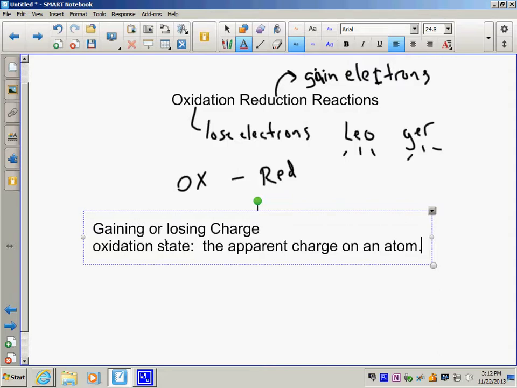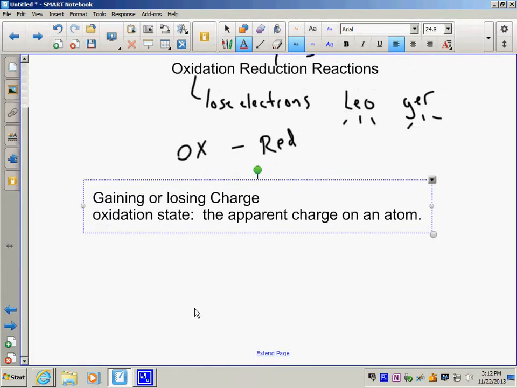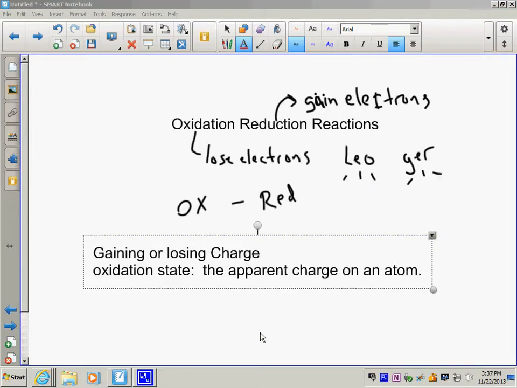And we'll only be dealing with relatively simple examples of oxidation and reduction. If I want to be able to indicate the charge on an atom, all right, like I said again, oxidation state is apparent charge on an atom. Gaining electrons, reduction; losing electrons, oxidation. Let's move on to an example.